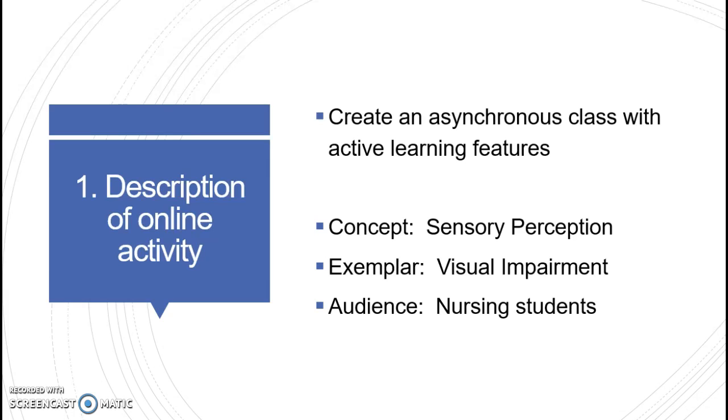They have so much to learn about just many things, and 3 years ago we decided to go with a concept base where the students will focus on a particular concept, which is like a big picture, and then within that concept we will narrow their focus. So in this case we're going to narrow it to visual impairment, and my audience of course is nursing students.